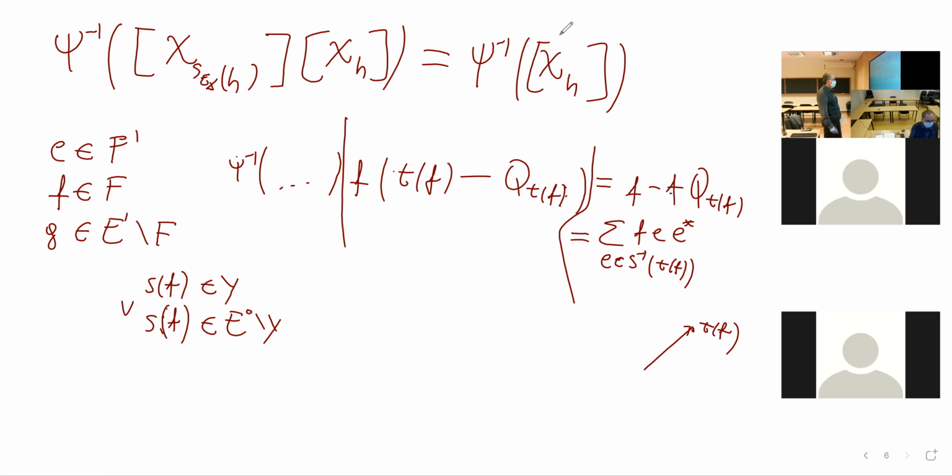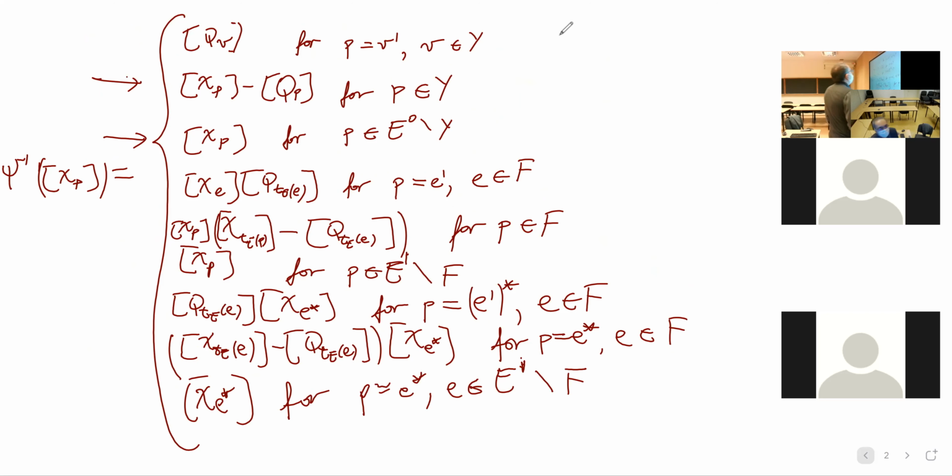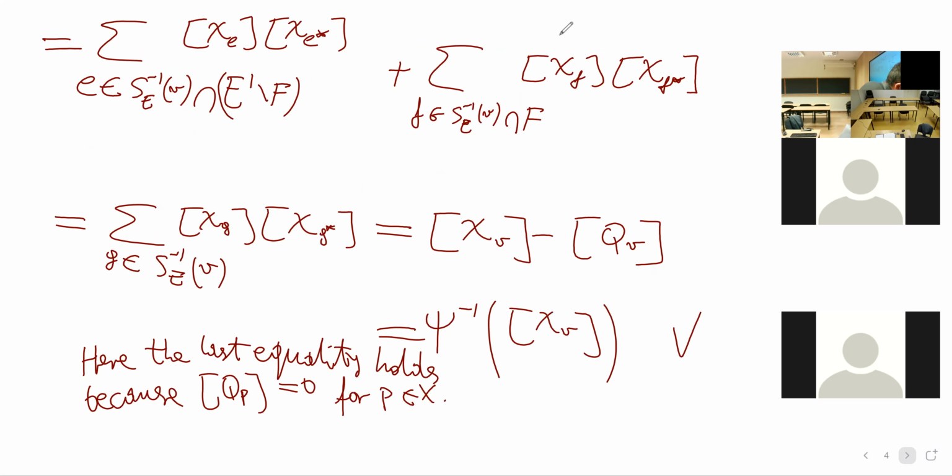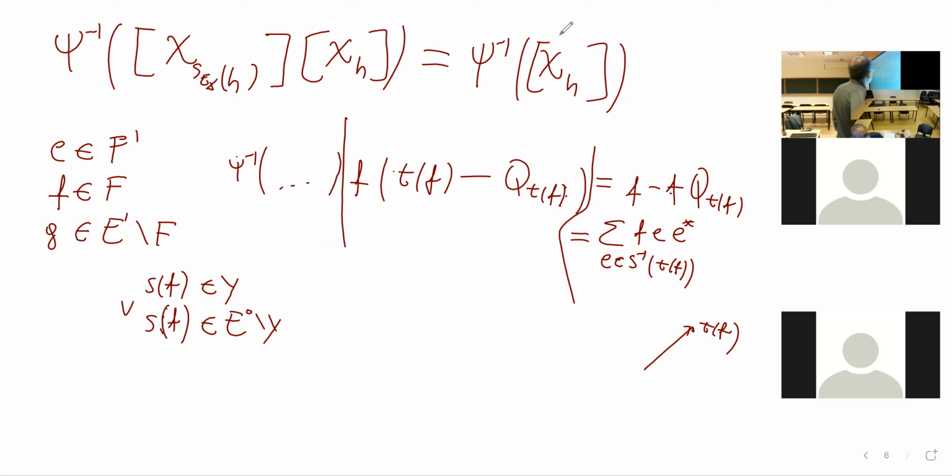But now what happens when SF is in y? We have to see what psi inverse does to it. Then you have this vertex minus Q at this vertex. So I get what I want, but I also multiply it by something, and I have to see that this part vanishes. I have Q T... is it Q? No, QSF, sorry. Yes, QSF, not QTF.